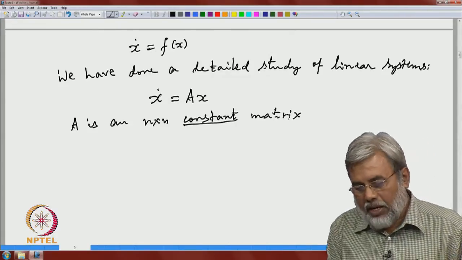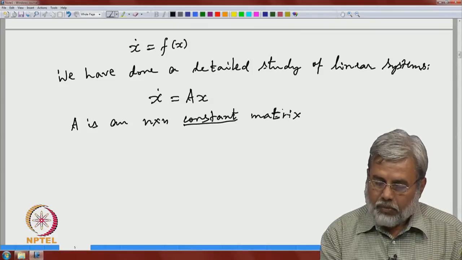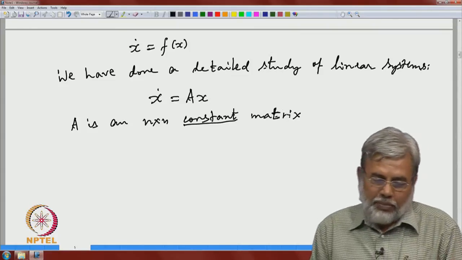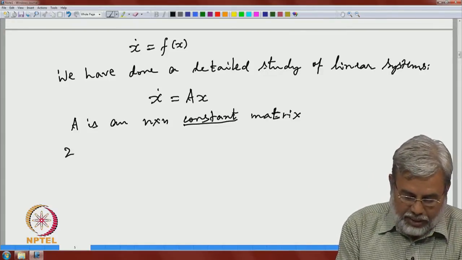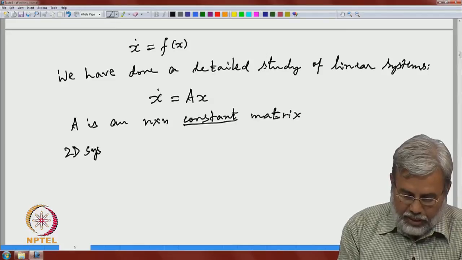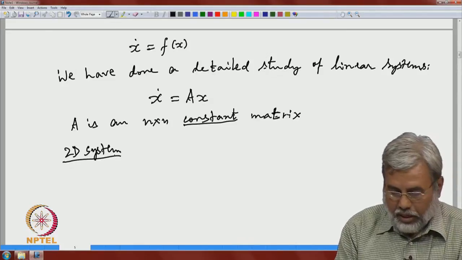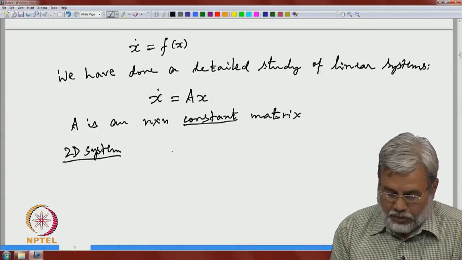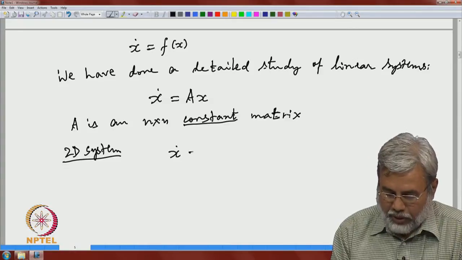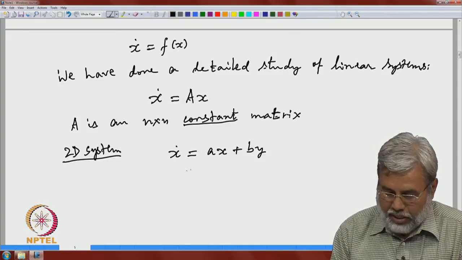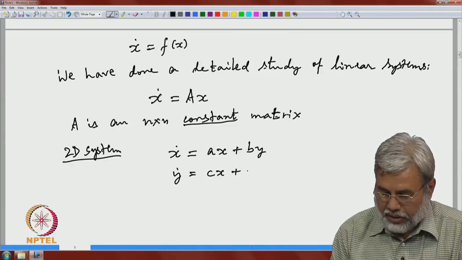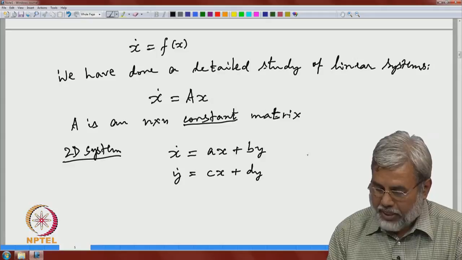Okay. Let me just recall what we have done there. So, instead of writing a general system, let me just write a 2D system and recall some of the facts we did. In this case we have only two unknowns: x dot equals a x plus b y and y dot equals c x plus d y, and this A will be in this case just this 2 by 2 matrix.